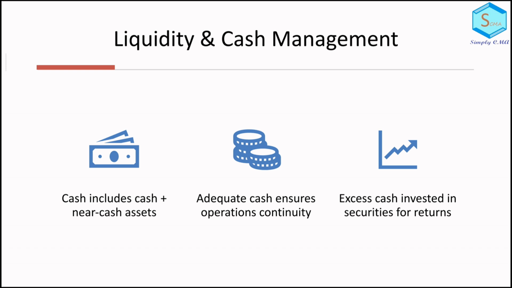Excess cash should be invested in securities for return. If you have excess funds available, it is better to invest them in securities, so that they are not underutilized and have some utility.